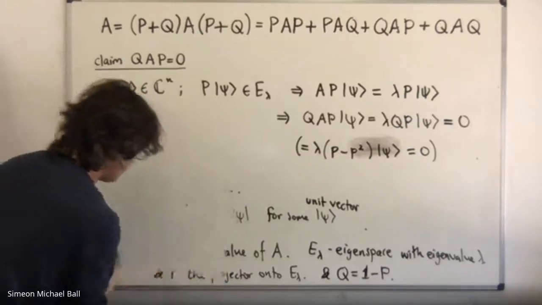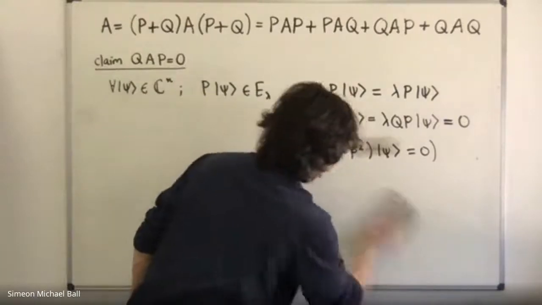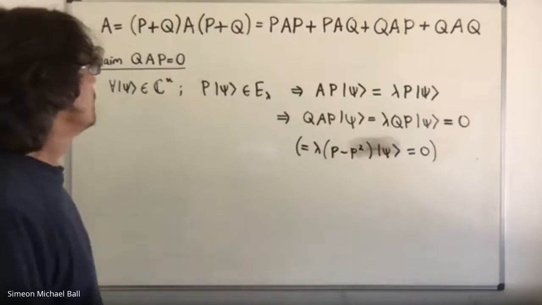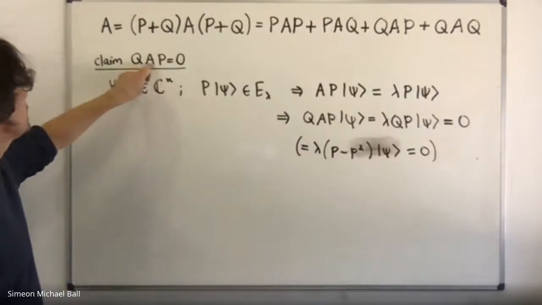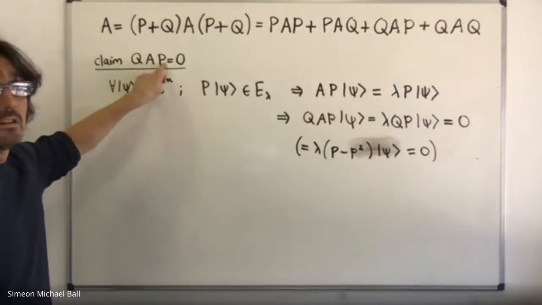That's one of the terms dealt with. Now we're going to deal with the other one. I'm saying that QA is going to be orthogonal to E lambda, and then the columns of P are also. Could you go that way? Yeah. When the Q hits this, it's going to take it to the orthogonal space. The P is going to take it to the other space, right?